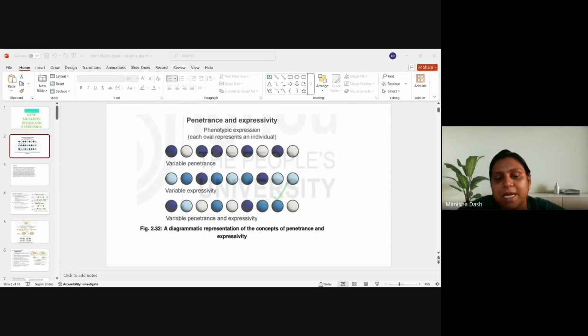See, this is very dark, but this is comparatively lighter, and this is more light. So the characters expressed by the rest of the members are not uniform. Some are exhibiting a greater degree of the character in respect to others. This is what is called variation in the expressivity.